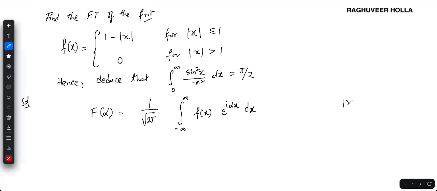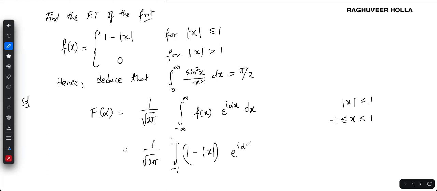So mod x, which is x in between minus 1 and plus 1, so your integral will be ranging from minus 1 to 1, f of x, which is 1 minus mod x, e to the power of i alpha x dx.